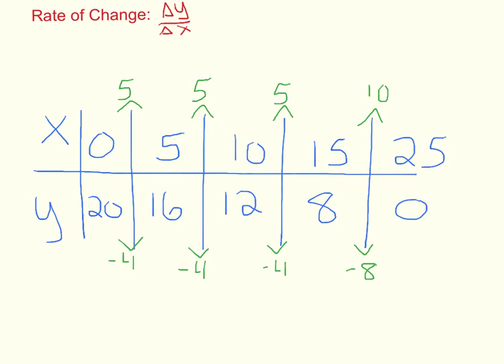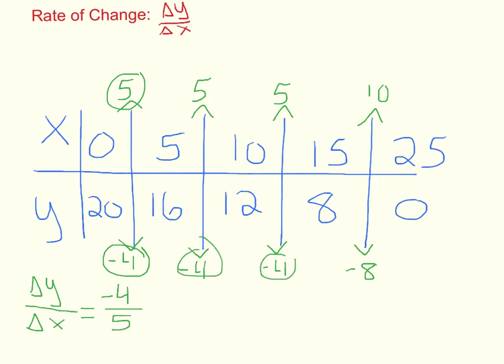So let's think about this. Change in y divided by change in x. It looks different, but let's check this out. You have negative 4 divided by 5, the change in y divided by the change in x. And that is the same for the next two.